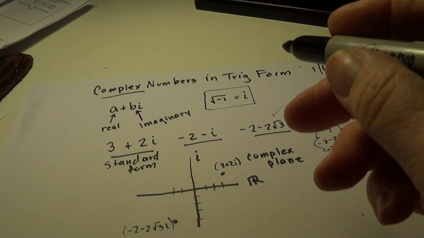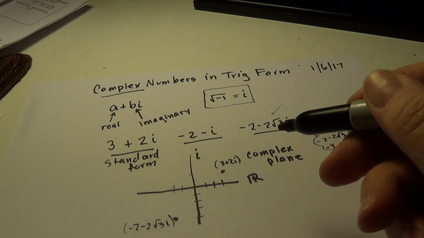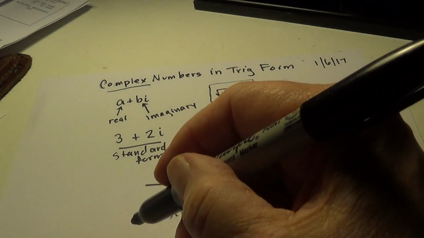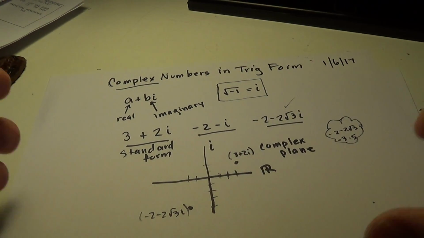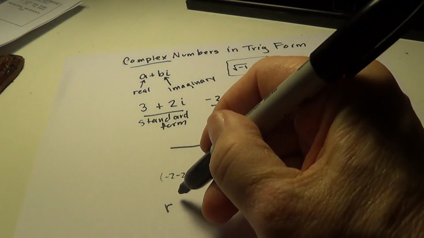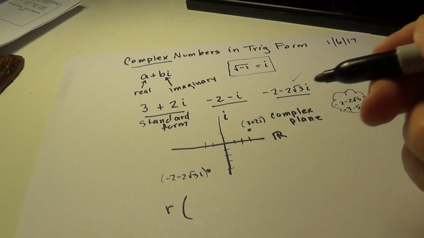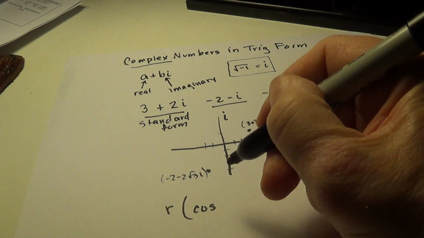So, complex numbers in trig form, here we come. The basics are, there's going to be a number outside of a set of parentheses. I'll just represent it with an R. Then there's going to be the word cosine, always.